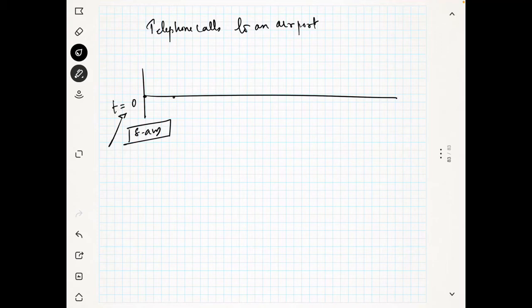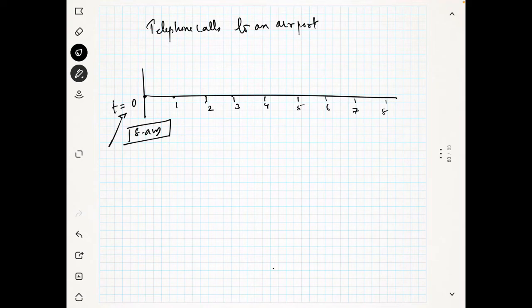After some t1 seconds, you divide the interval into t1, t2, t3. Let's say this is 1, this is 2, this is 3, 4, 5, 6, 7, 8, and so on.